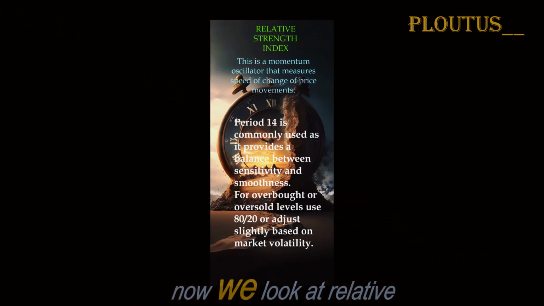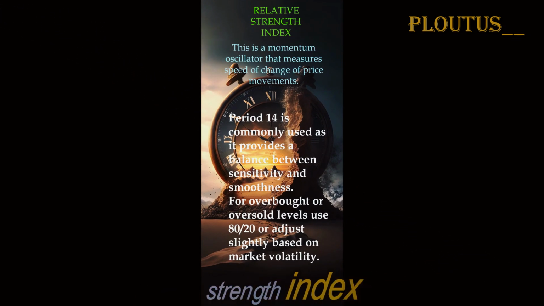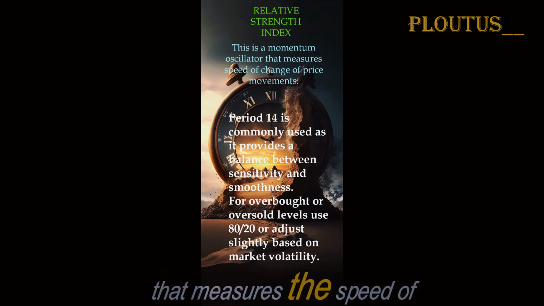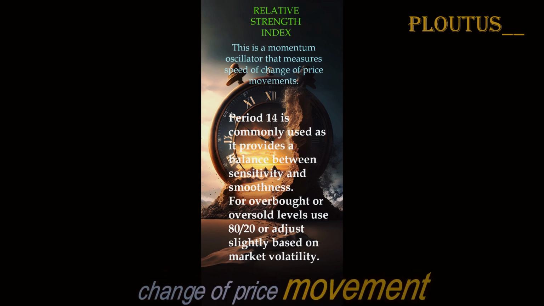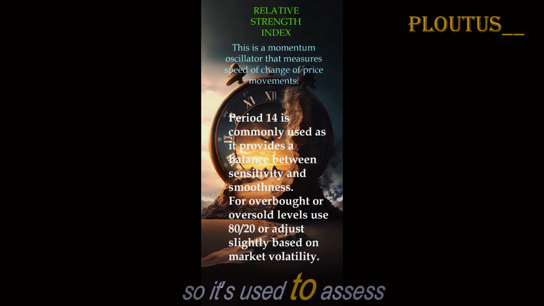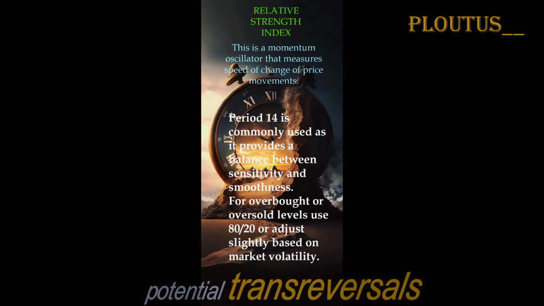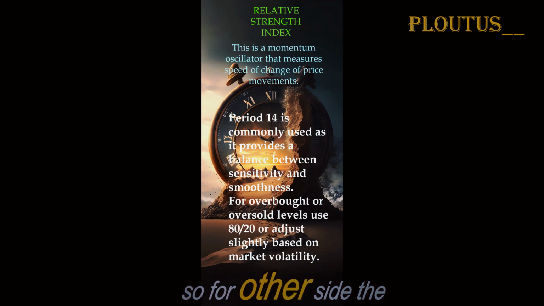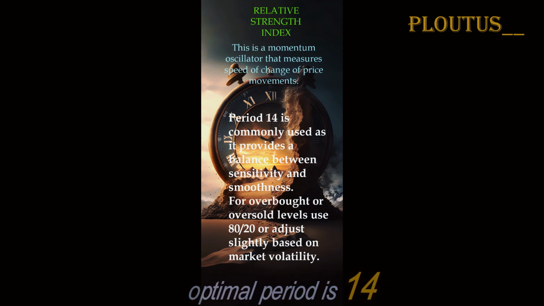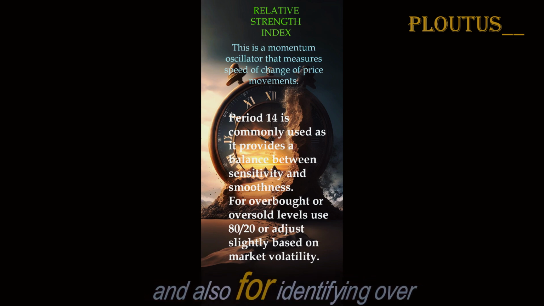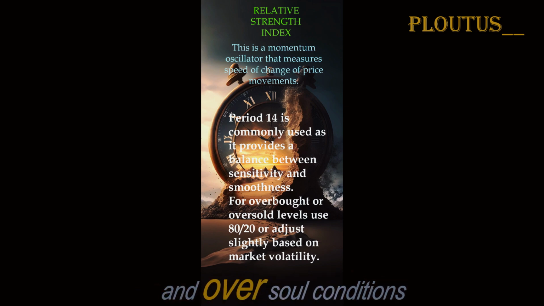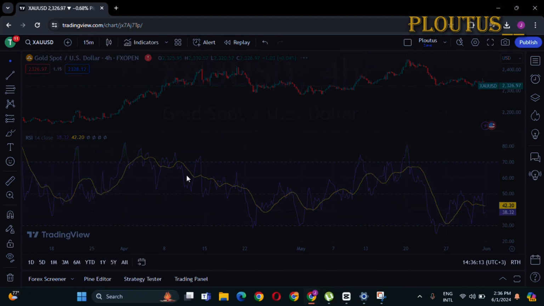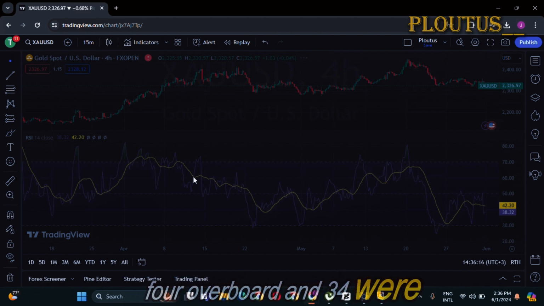Now, we look at relative strength index. This is a momentum oscillator that measures the speed of change of price movement. It's used to assess potential trend reversals, and also continuation of trends. For RSI, the optimal period is 14. And also for identifying overbought and oversold conditions, you can use the traditional levels, which are 70 for overbought and 30 for oversold.